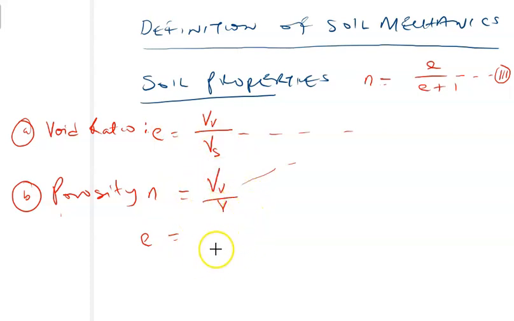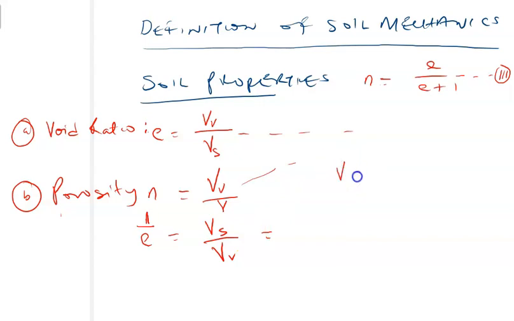So all we need to do is take our VS and reverse this. Then we say 1 over E will be equal to VS over VV, reversing it. So 1 over E is VS over VV.